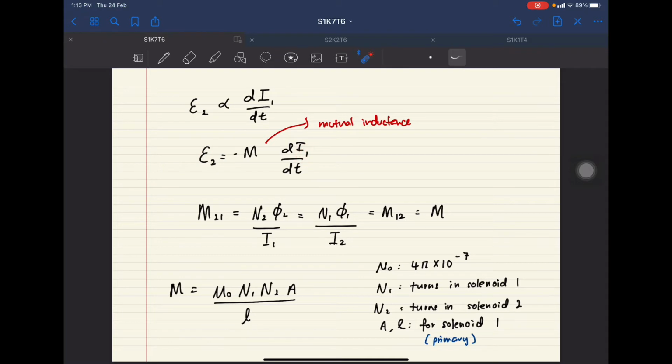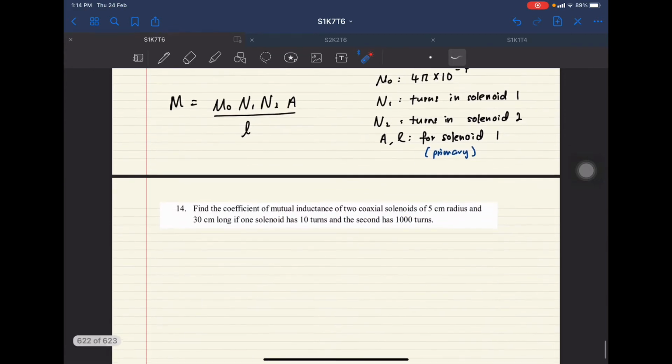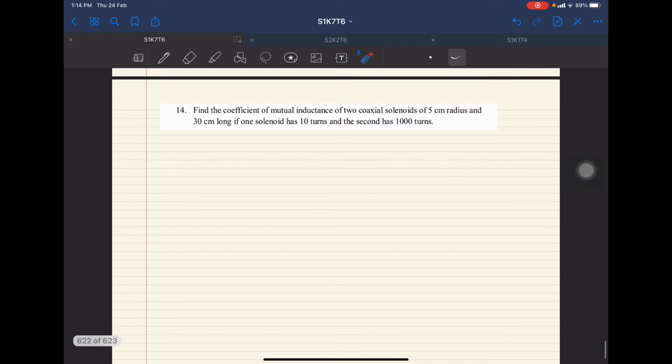As long as you understand that, it should be okay. And then instead of having mu naught n squared A over L, now we have n multiplied by n, where n1 is the primary and n2 is the secondary: turns in solenoid 1, turns in solenoid 2, and A and L represent the area and the length of the primary solenoid.